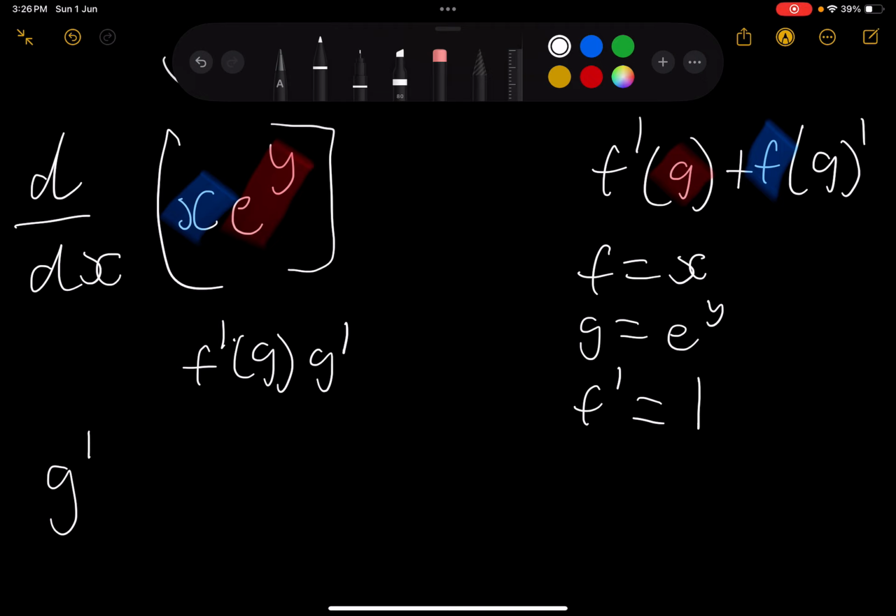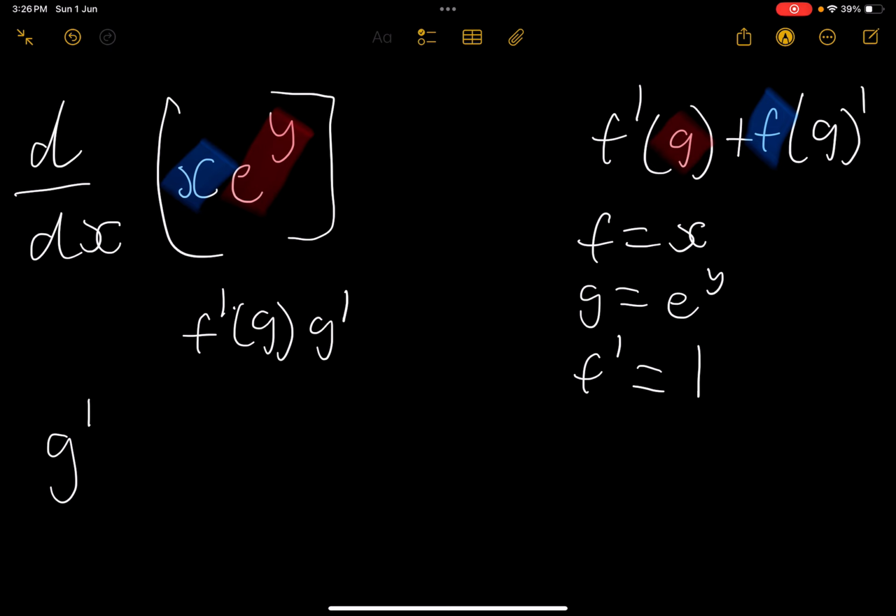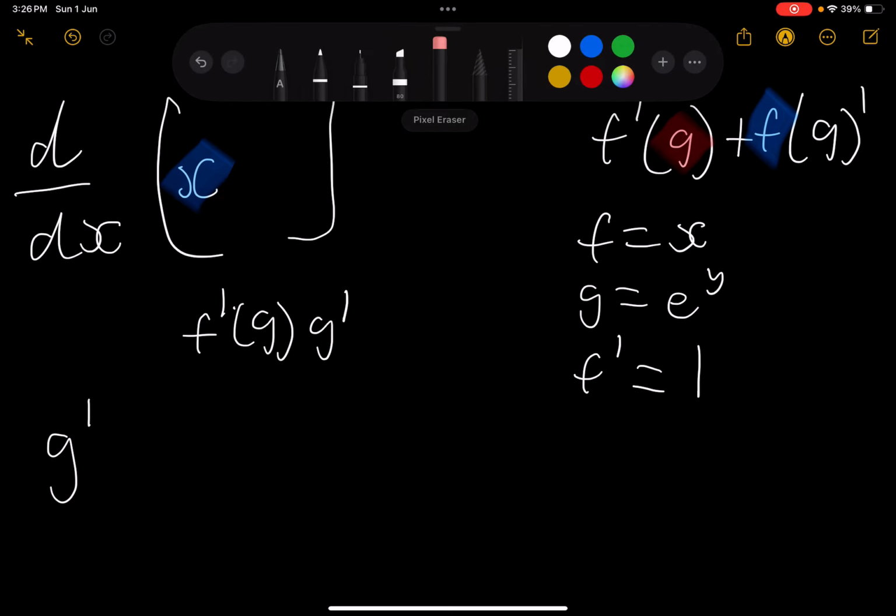So how we're going to do this is we need to remember that for e to the power of y, y is the inner function, and the exponential is the outer function.